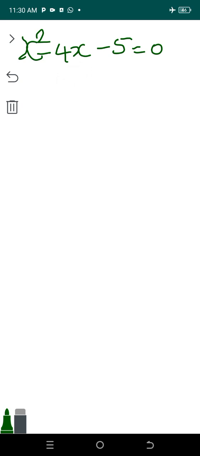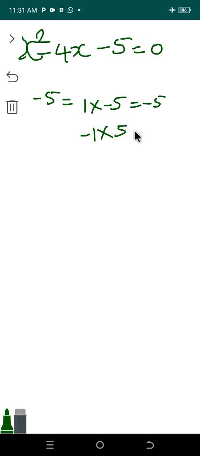In this situation, we are still going to consider this minus 5, which is the constant, and its pairs of factors. We have 1 multiplying by minus 5 will give us minus 5. We have minus 1 multiplying by 5 will give us minus 5. These are the factors of this minus 5.